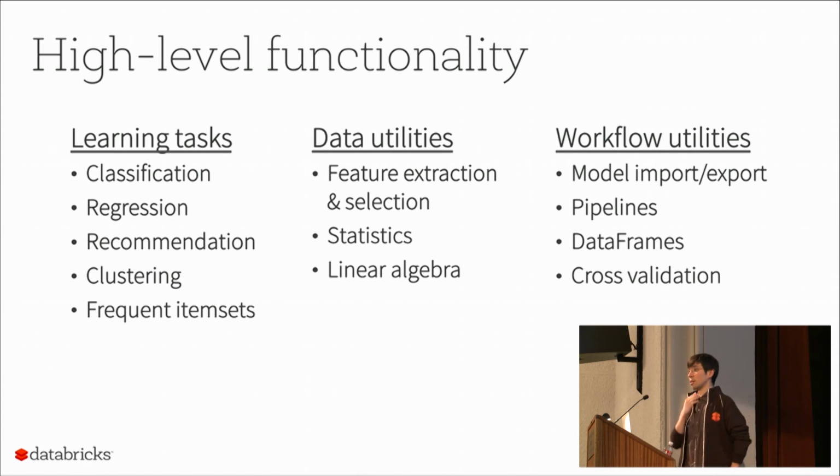And the final thing under workflow utilities is that a lot of work can go into model tuning or hyperparameter tuning in machine learning. One very common case of this is doing cross-validation. And so we try to prevent the user from having to write a lot of this rote code themselves and be able to just do plug-and-play model tuning.